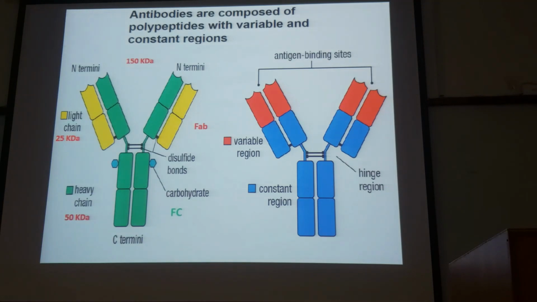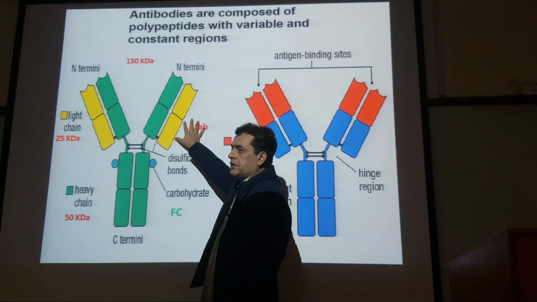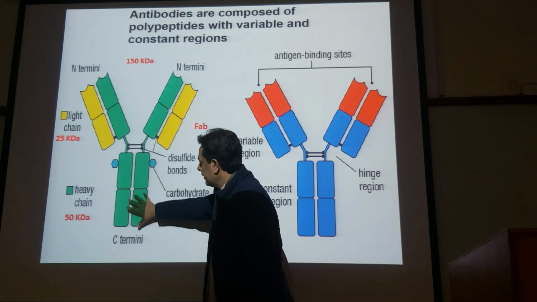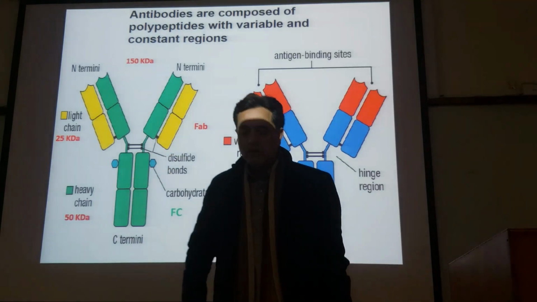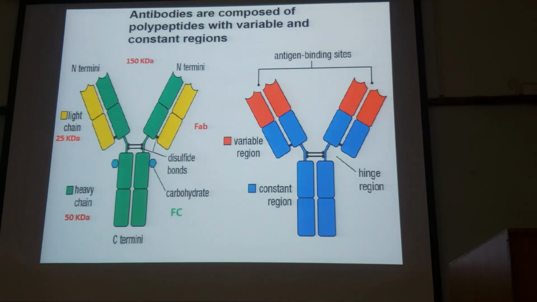So this is the antigen binding fragment of the antibody, which is known as Fab. And the lower portion is called FC, or fragment crystallizable, the FC portion.